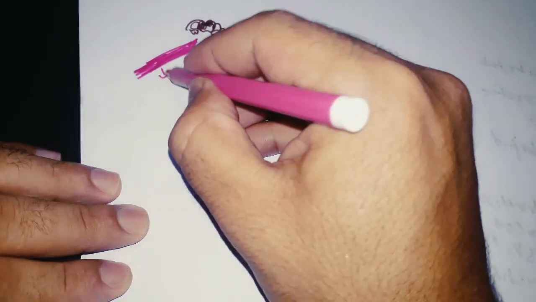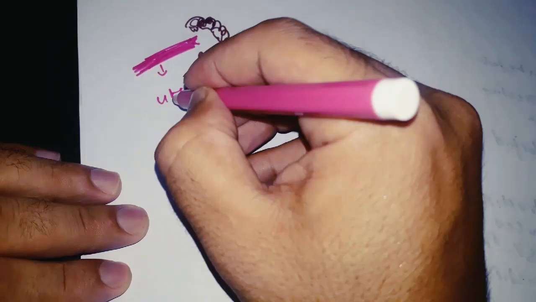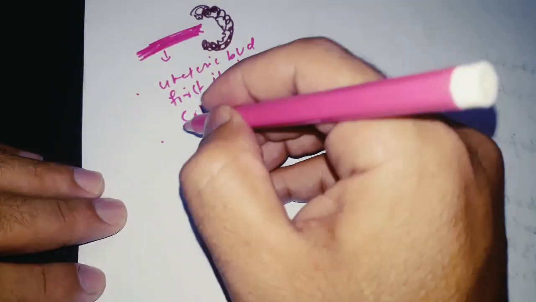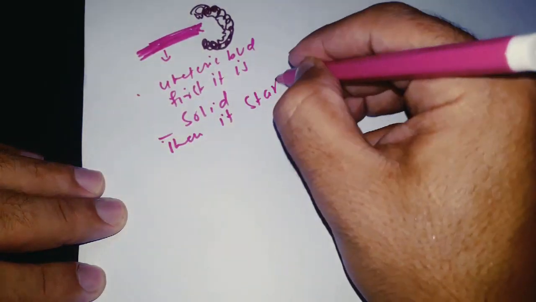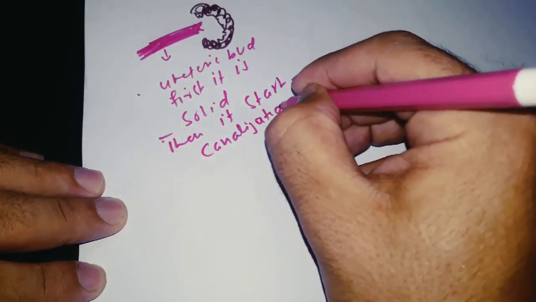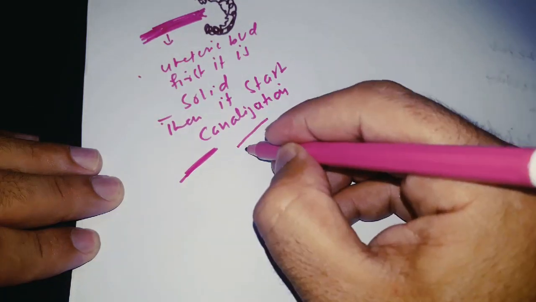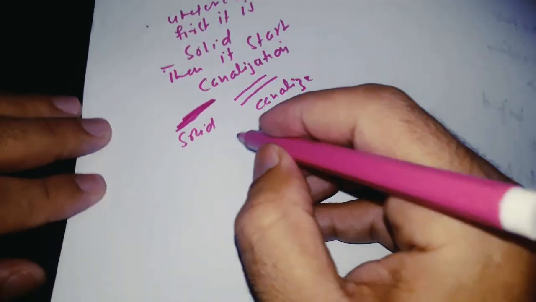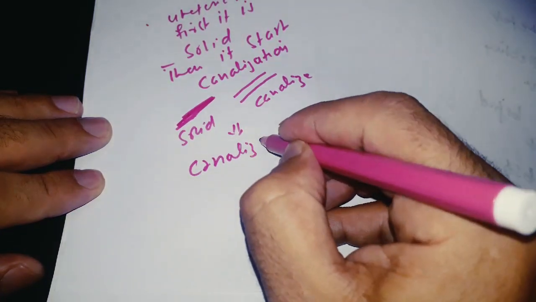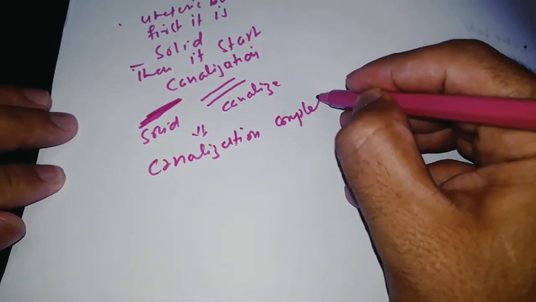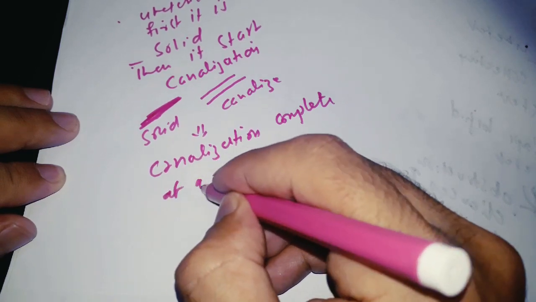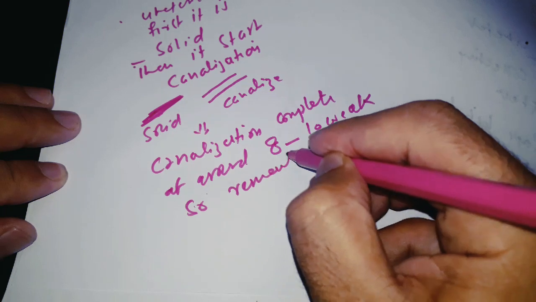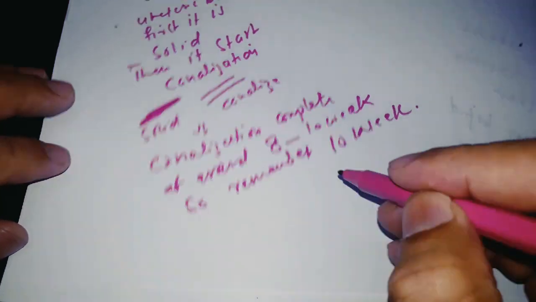The ureteric bud at first is solid, but later canalization starts in it. You can see the solid ureteric bud, and that is the canalized ureteric bud. The canalization of the ureteric bud is completed at around 8 to 10 weeks, but just remember it is completed at 10 weeks.